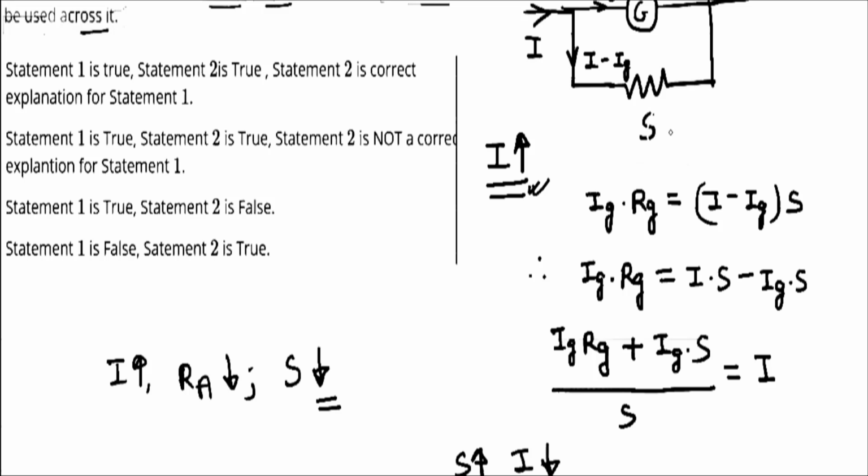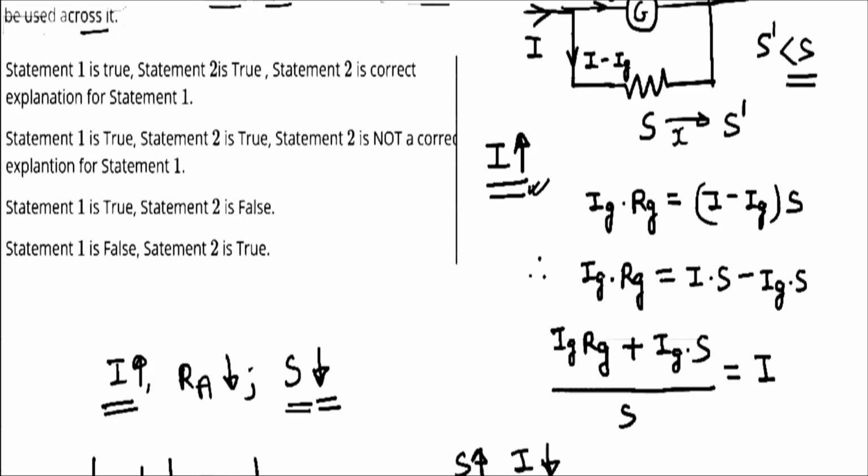If we change this shunt resistance to S dash by adding X resistance in parallel to S, then in parallel combination the value of S dash will be less than S. When S decreases, the current will increase, because this is a parallel combination. From here we can say that 1 upon x plus 1 upon S will be equal to 1 upon S dash.